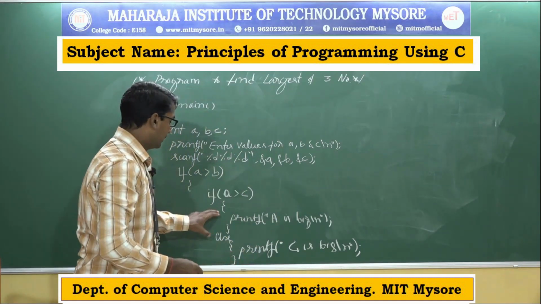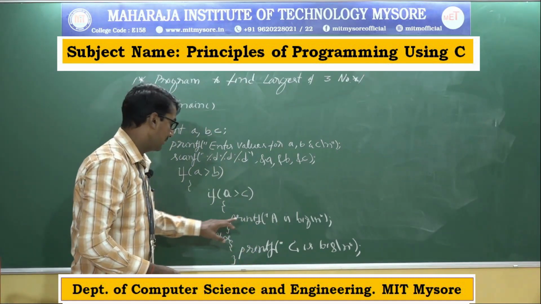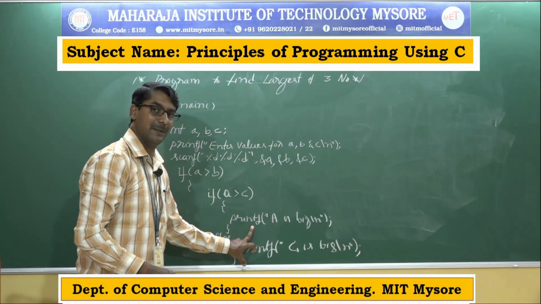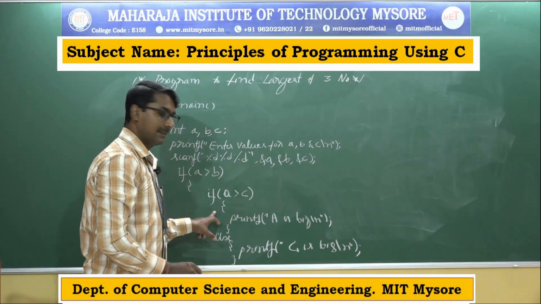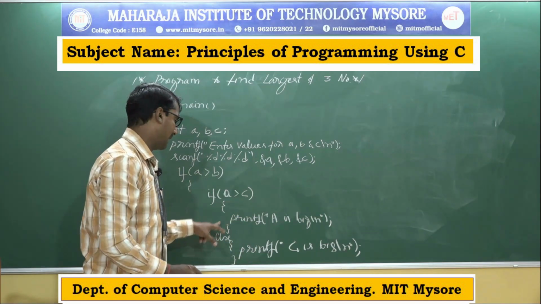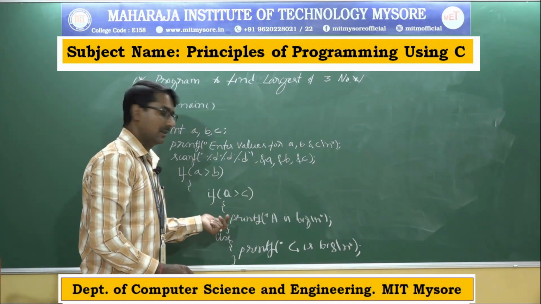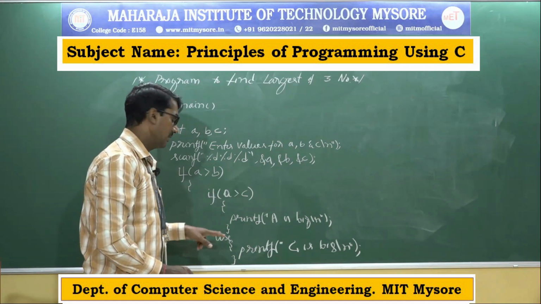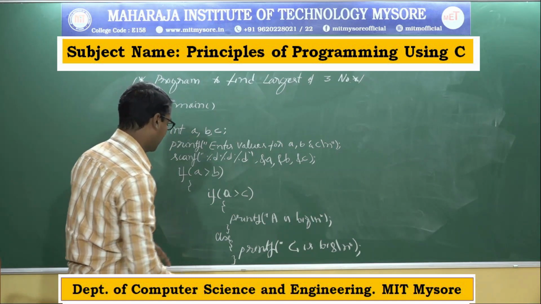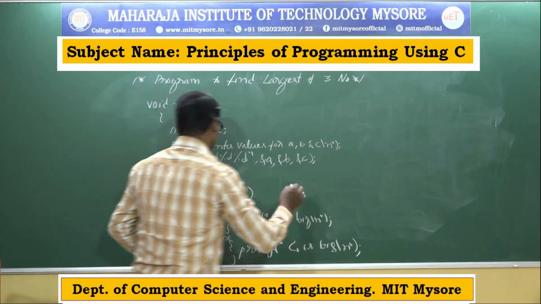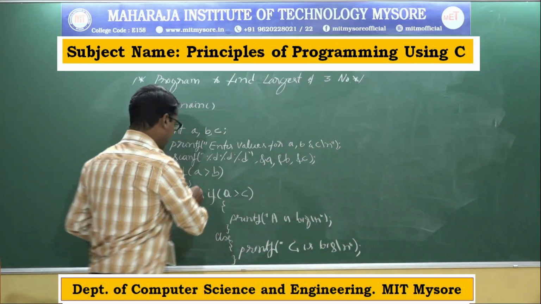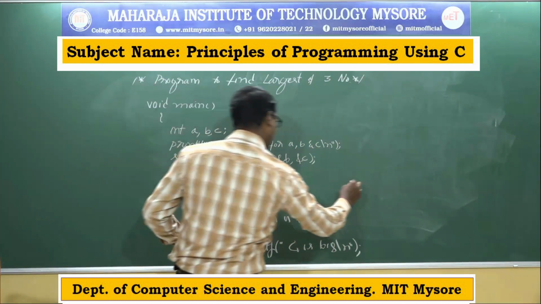So here observe, these brackets are optional because the block contains only one statement, that is the printf statement. So we can skip this bracket. We can eliminate this because this is optional, only one statement. This is the if block statement.